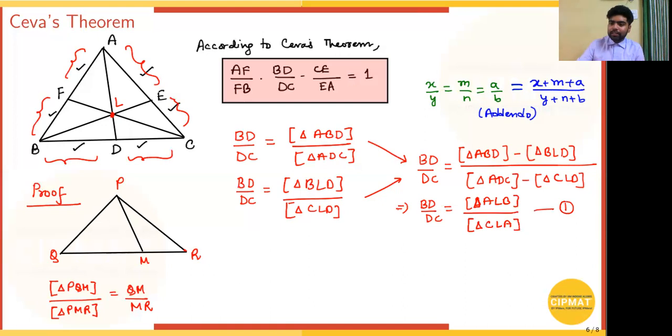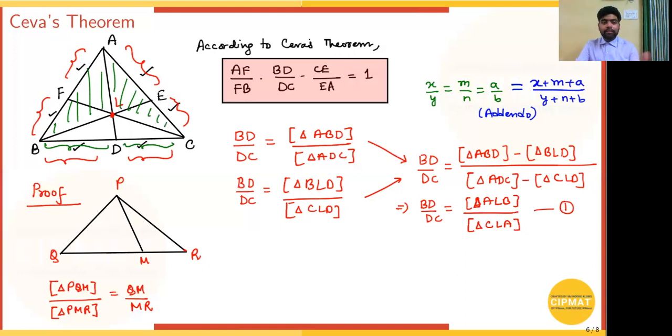So here, if you look carefully at this particular figure, you will see over here that BD upon DC is this triangle to this triangle.